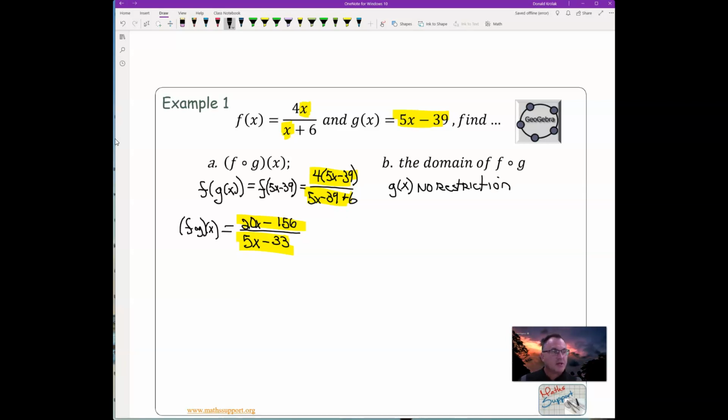So now when I look at my composite, it's just like what we were doing the last couple of days. That's a fraction, a rational expression. Its denominator cannot equal 0.